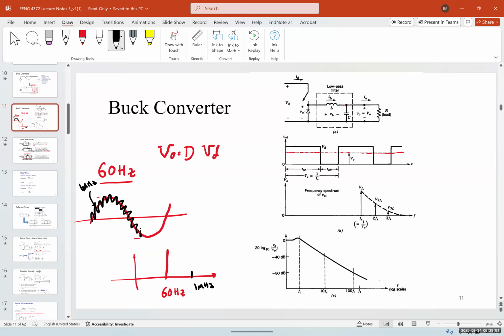It means that this signal is a combination of two signals. It's not a single signal. You have a 60 hertz and a 1 megahertz combined together. And when you draw this, it shows you all the frequency spectrums.